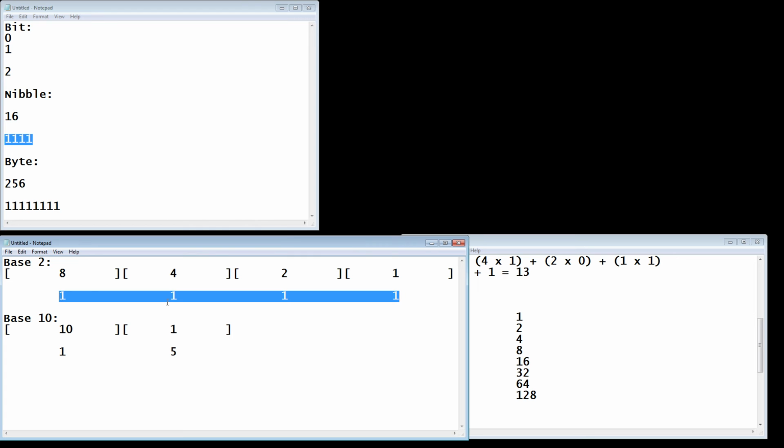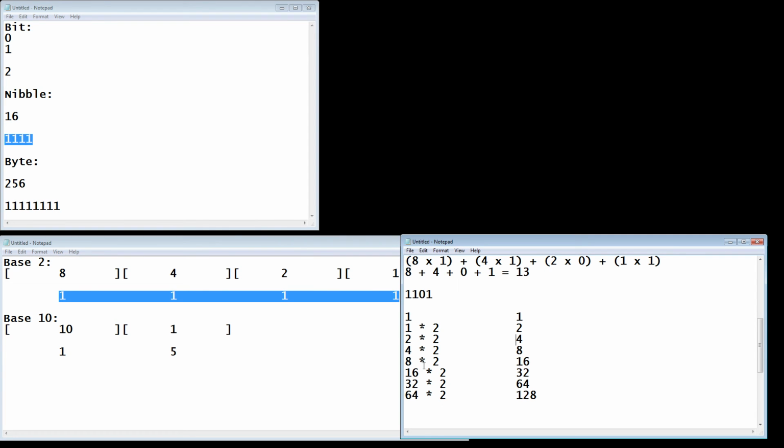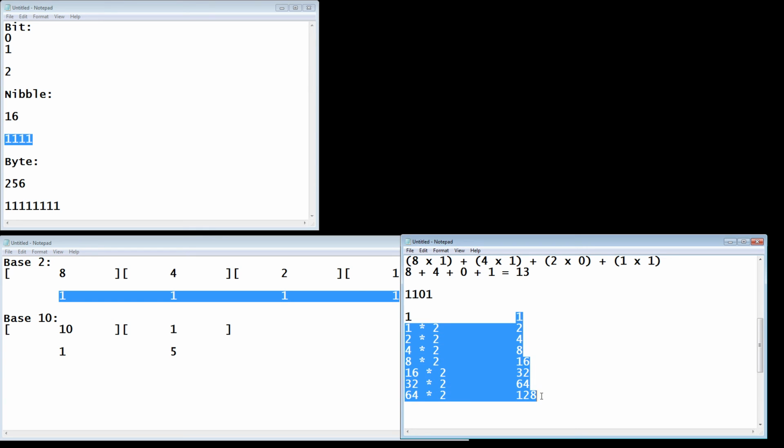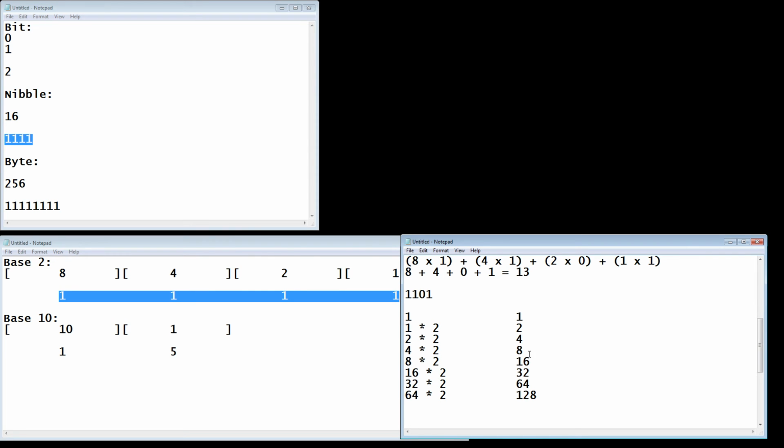And as you can see from here, it goes up in the same fashion all the way up. So the maximum possible value, if you want to determine how many possible values you can have, you just take all of these numbers here on the right and add them all together.